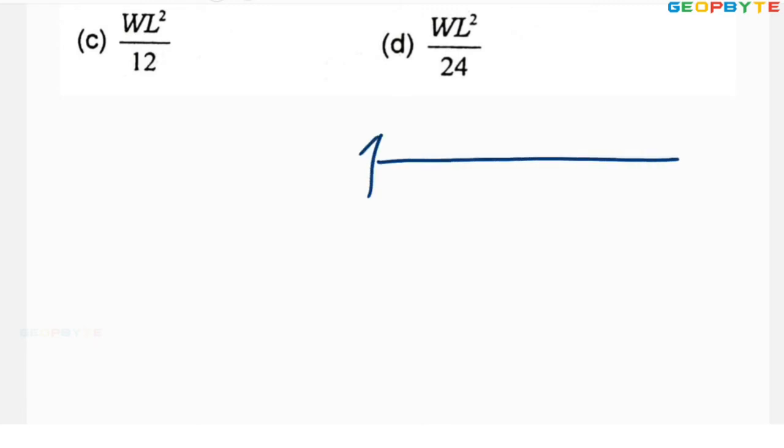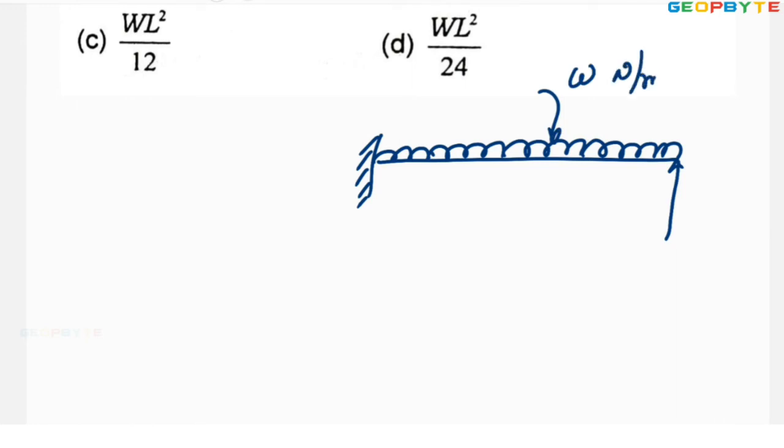This is the fixed end. If I place the support at the other end, this is the propped cantilever beam. Given that throughout the length of the beam UDL is acting, that UDL magnitude may be W, which is in Newton per meter, and the length of the beam is L.